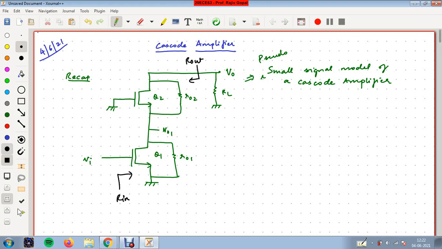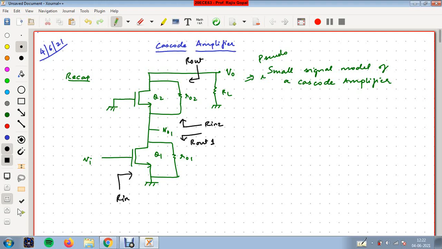If you amplify your output resistance, the overall gain of the common source amplifier which you're using here will improve. So we derived what R out is. Similarly, we also derived R in 2 and R out 1.